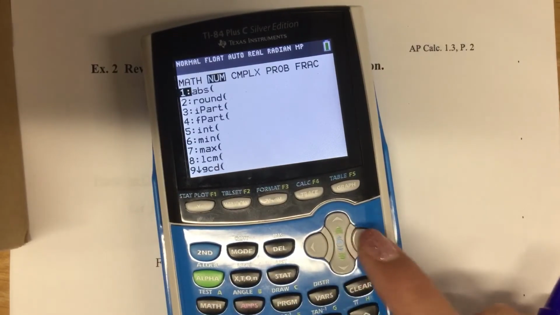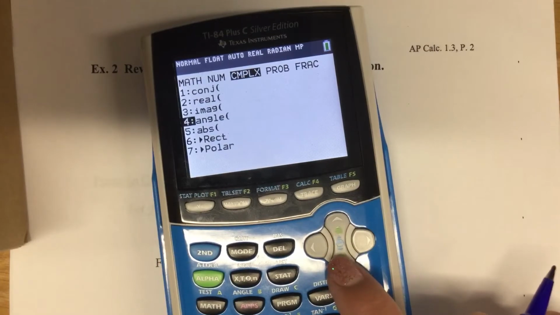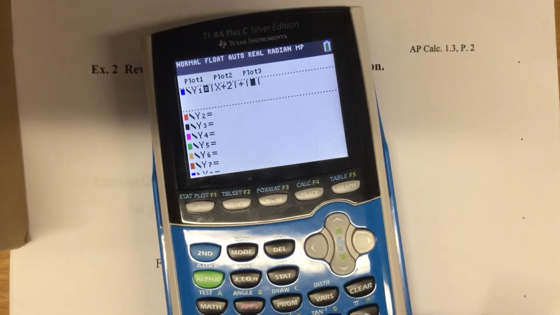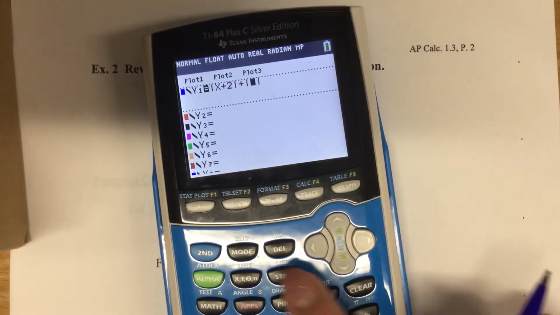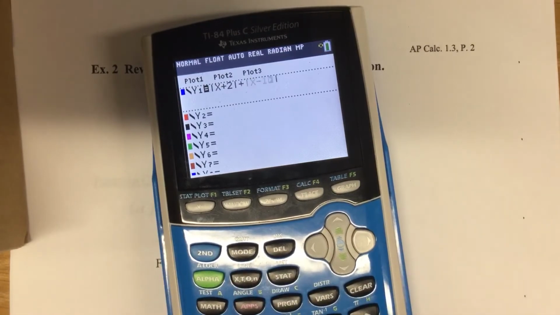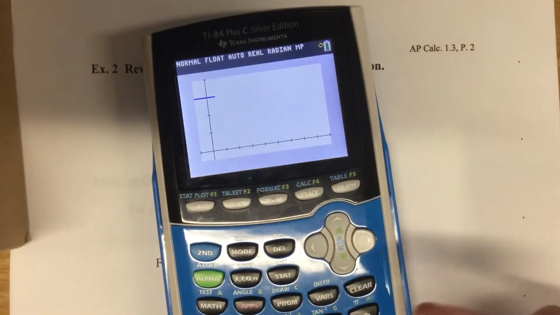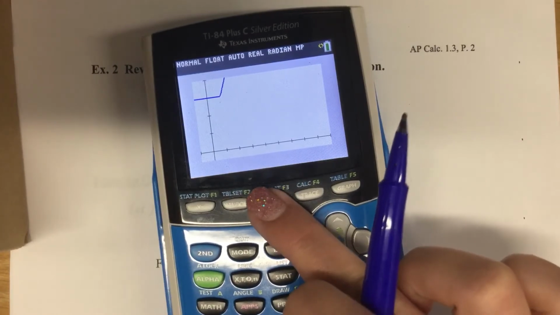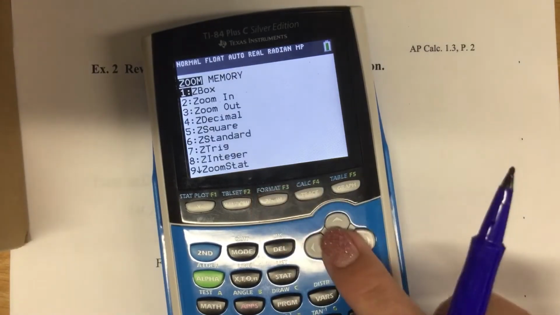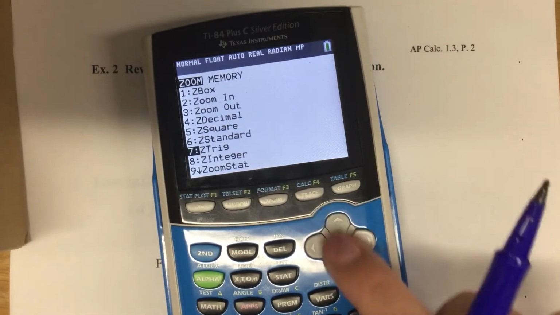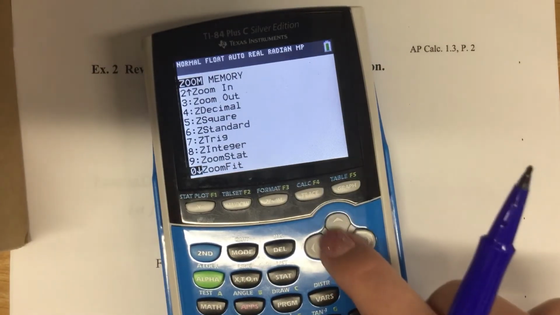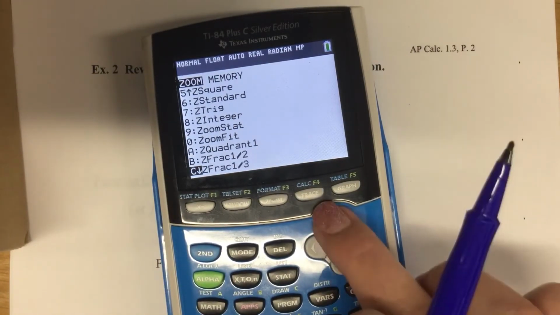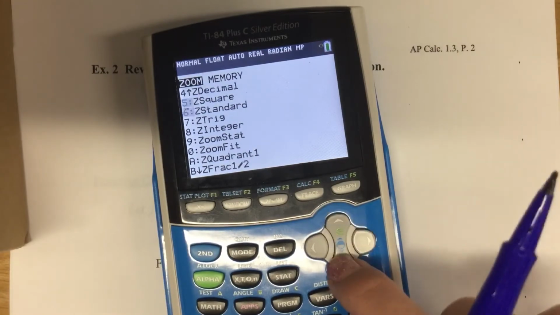Then we can go to math, and then we go over here, go down to our absolute value function, and then we would go to x minus 1. So my zoom is super funky. I need to take that back to zoom standard. I think I passed it. Here we go.